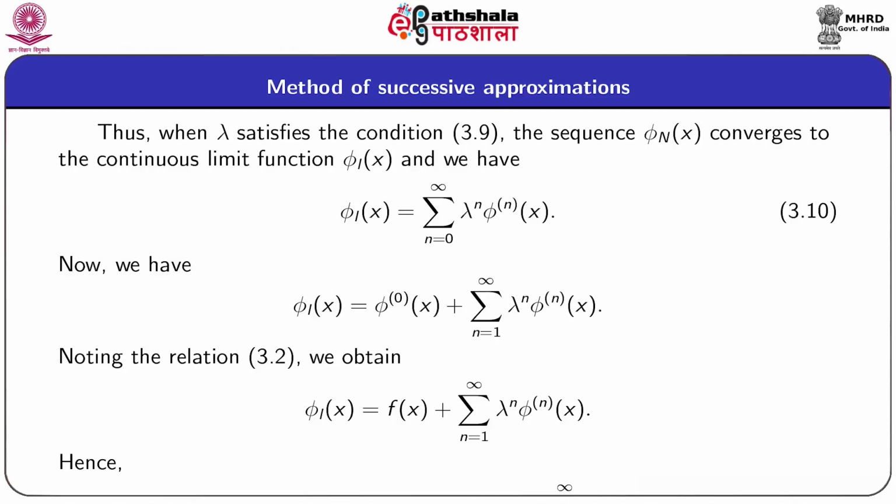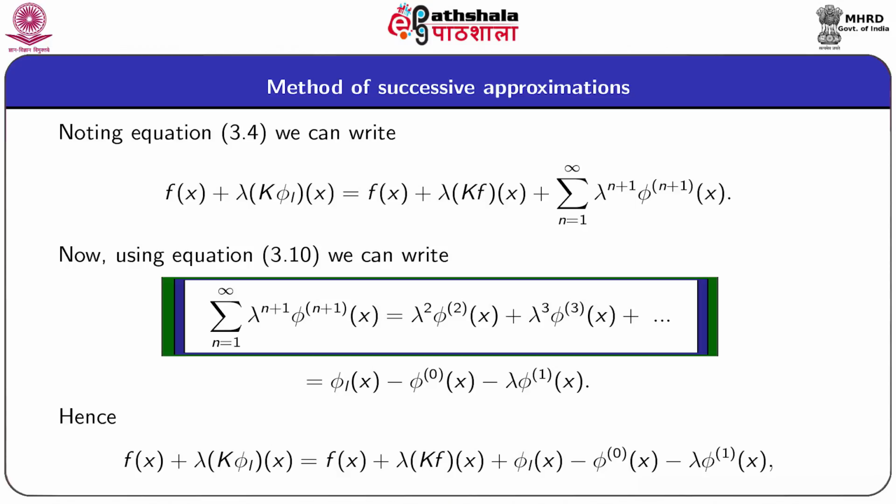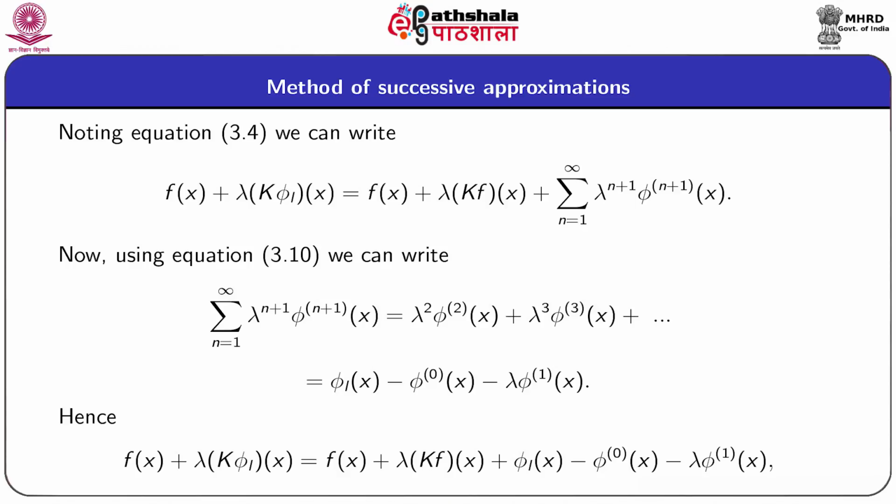We know that K φ_n(x) is equal to φ_{n+1}(x), and we can use that to get this expression. Now, the summation n equal to 1 to infinity of λ^{n+1} φ_{n+1}(x), if it is expanded, gives this form of right hand side.